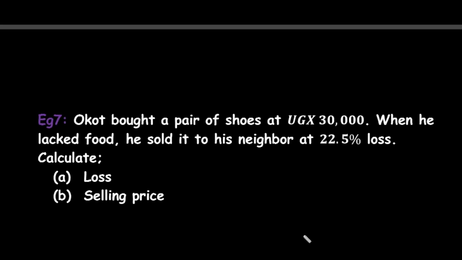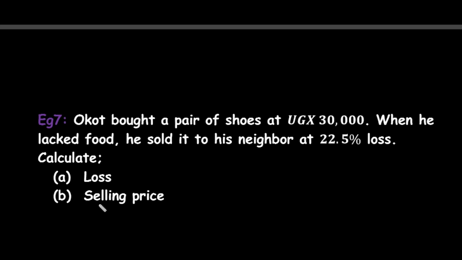Okot bought a pair of shoes at 30,000 Ugandan shillings, full stop. When he lacked food, he sold it to his neighbor at 22.5% loss. Calculate part A, loss, part B, selling price.